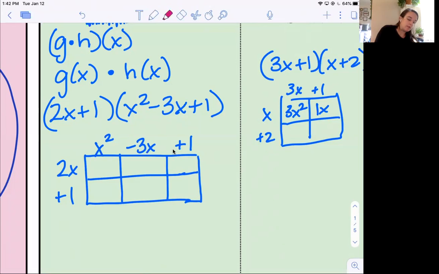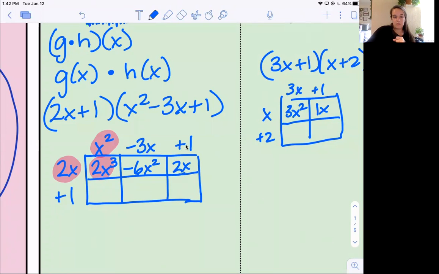All right. So I'm going to go ahead and multiply X squared times 2X, and that's what I'm going to put in here. So I would have 2, and it's X times X, that's X squared, times another X, that would make X to the third. So I have 2X to the third. And then I would do negative 3X times 2X, negative 6, X times X makes X squared. 1 times 2X would be 2X.